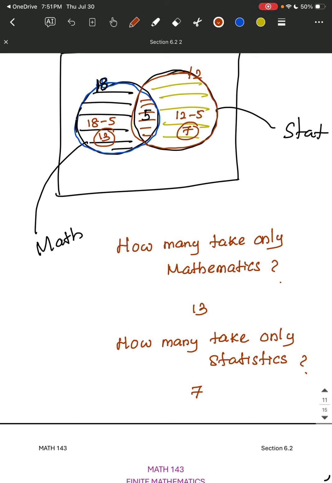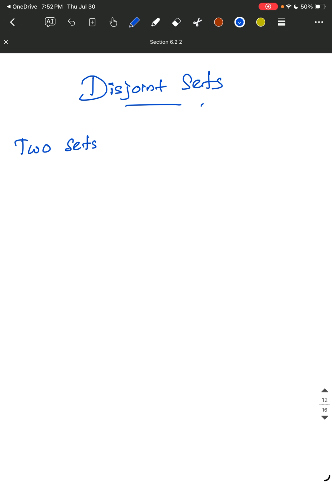Okay, then let's recall the disjoint sets. We already discussed the disjoint sets in our previous section. Two sets are disjoint if they have no elements in common.